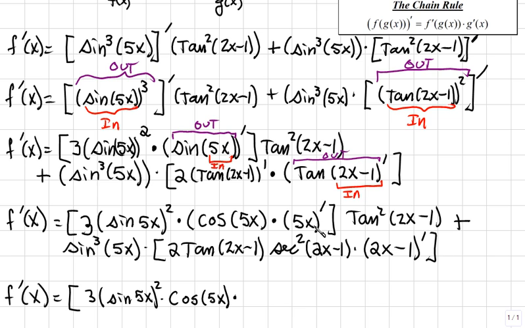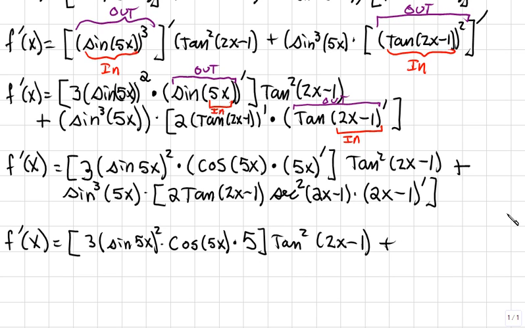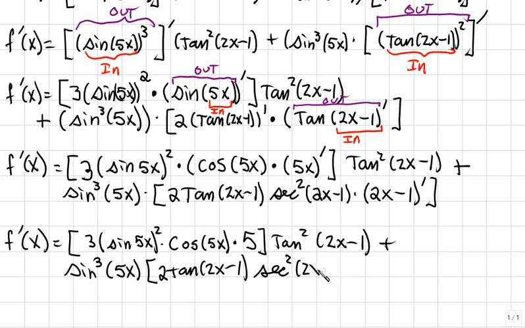We recall that the derivative of a polynomial 5x would be simply 5 times tangent squared of 2x minus 1 plus our second line will become sine cubed of 5x times the quantity of 2 tangent of 2x minus 1 times secant squared of 2x minus 1 times the derivative of 2x minus 1.